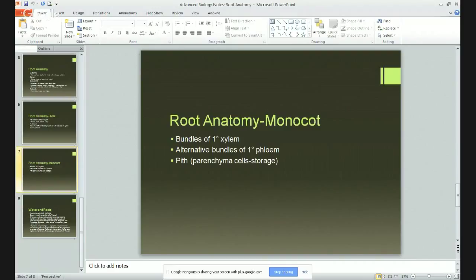And then to the right of that, I drew that structure there. They're going to be in contact with each other. You're not really going to have that row of undifferentiated procambial cells.